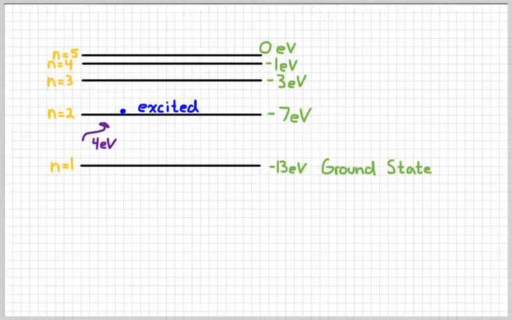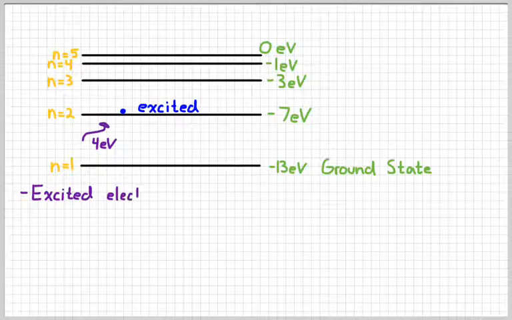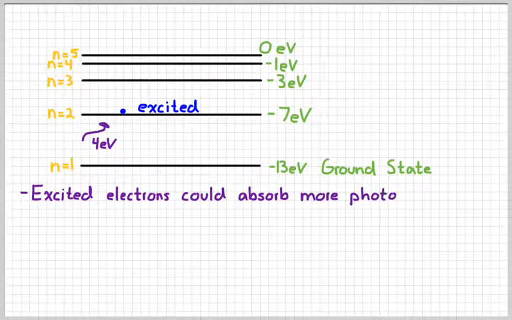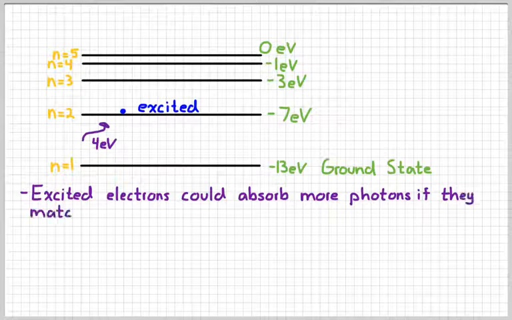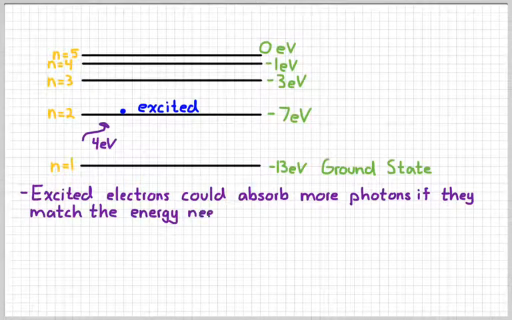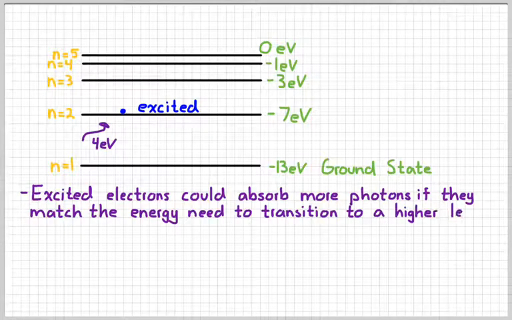If a 4 eV photon were to be incident on it at exactly the right moment, you could have the electron double absorb, kind of sort of if you will, more photons and be kicked up to even higher energy levels. Now again, they still have to match the energy difference between one level to the next.